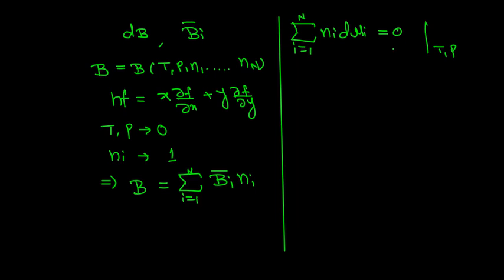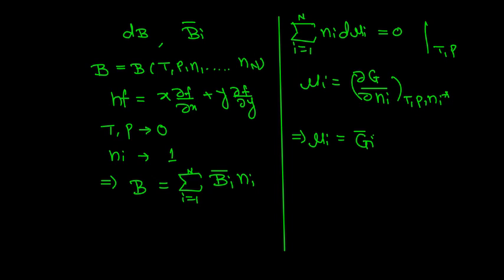Okay, and if we observe mu i and its definition with respect to G, you will find that mu i is nothing but the partial molar Gibbs free energy, del G by del Ni at constant T, P, Ni star. So therefore mu i is nothing but Gi bar, partial molar Gibbs free energy.